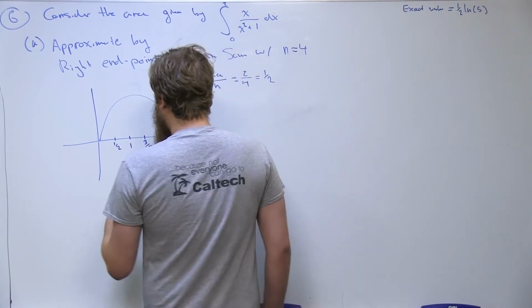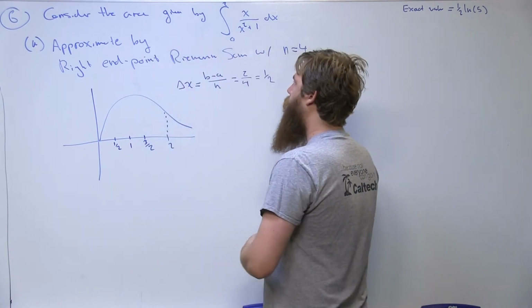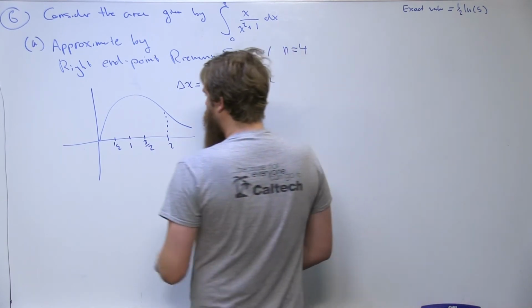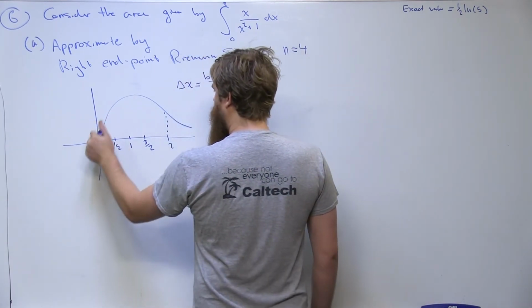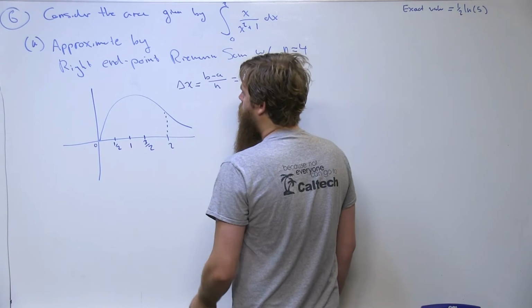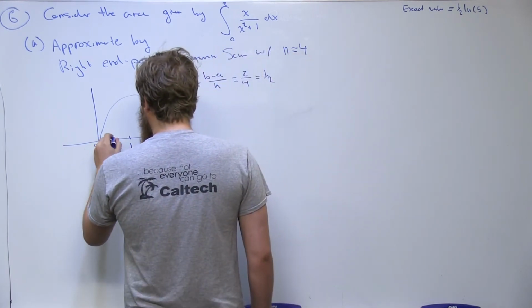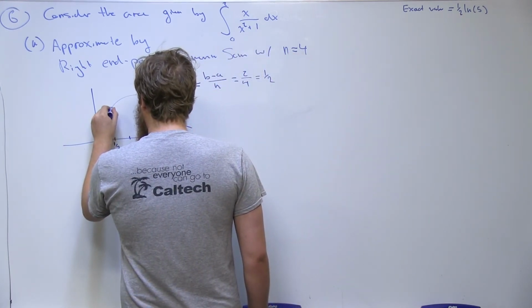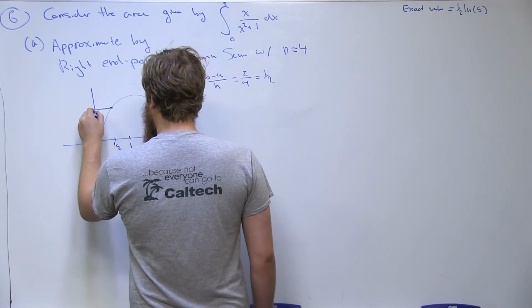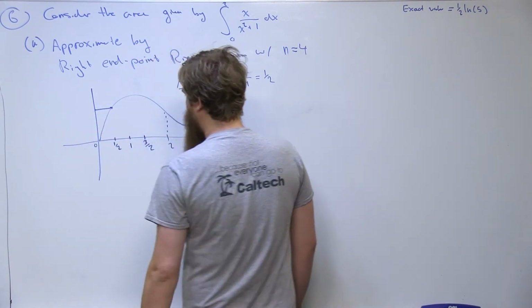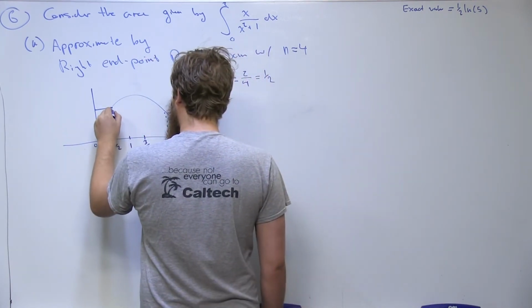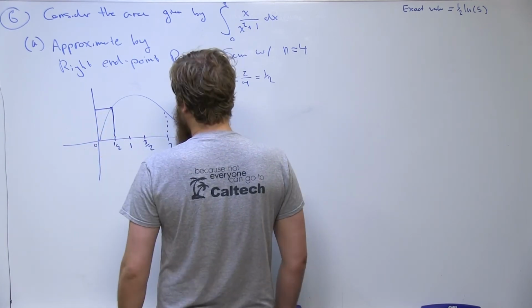Okay? So what are my rectangles going to look like? Well, if I'm using the right endpoint rule, then I know there's a rectangle associated with the interval 0 to 1/2. So I will look where the right endpoint of that interval intersects the graph of my function. That will determine the height of that rectangle. And I'll draw the vertical pieces in.